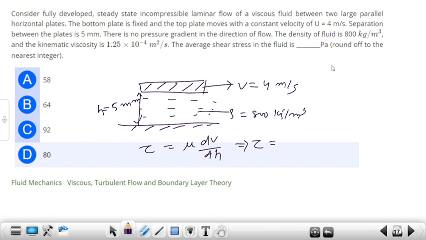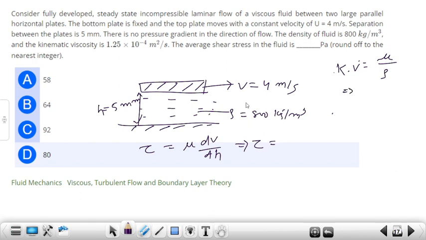The kinematic viscosity is equal to dynamic viscosity mu divided by rho. So mu is equal to kinematic viscosity into rho.